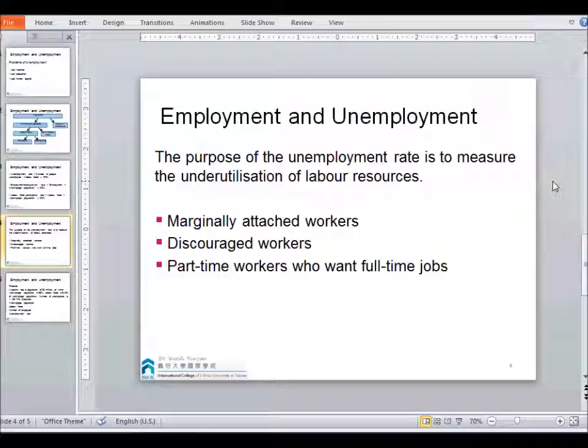So the official unemployment rate might actually understate the amount of labor that is underutilized. For that reason, there are other, more broad definitions of unemployment that include, for example, marginally attached and discouraged workers, and even those who have a part-time job but instead want a full-time job.